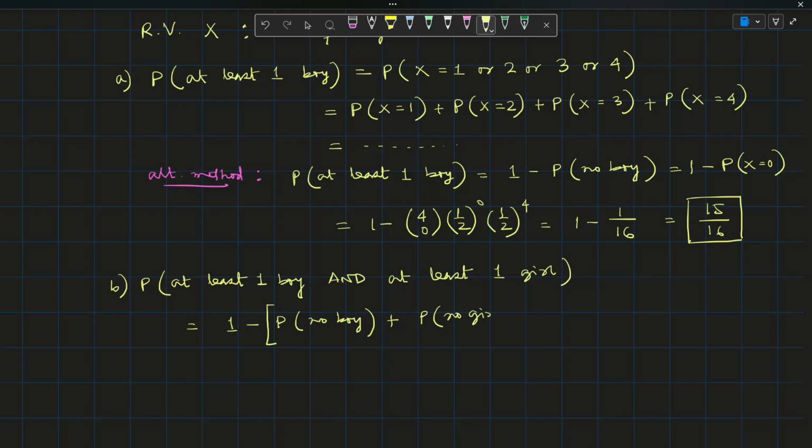So this is the same as 1 minus the probability of no boy or no girl. The probability of no boy or no girl means there is a plus sign in between.